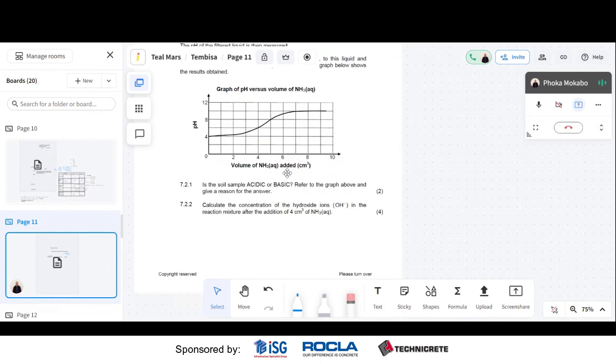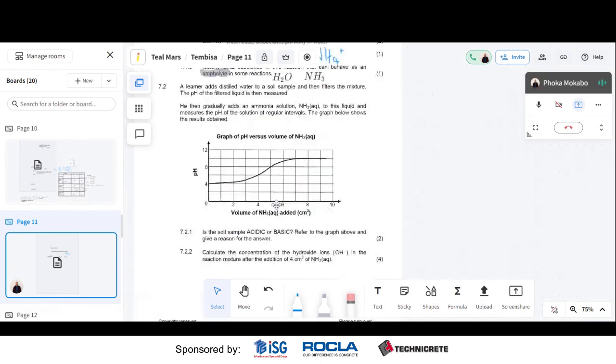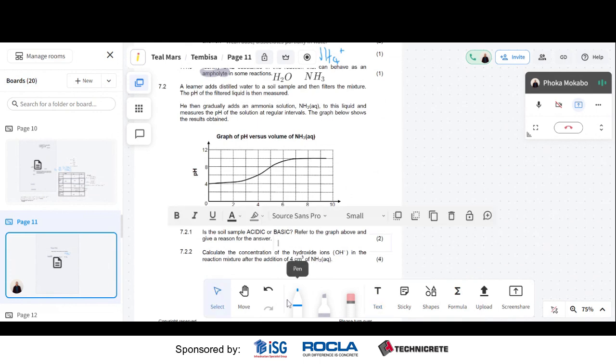So given the fact that we are looking at a substance of pH 4 becoming pH 10, the question is: is the soil sample acidic or basic? The soil sample is acidic.